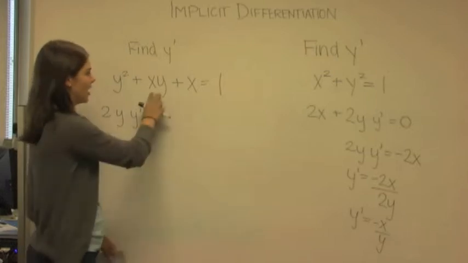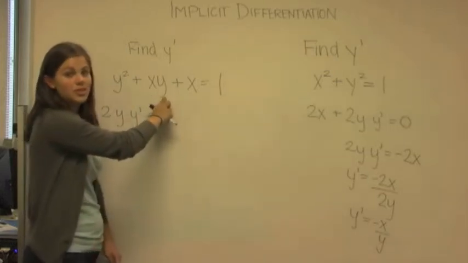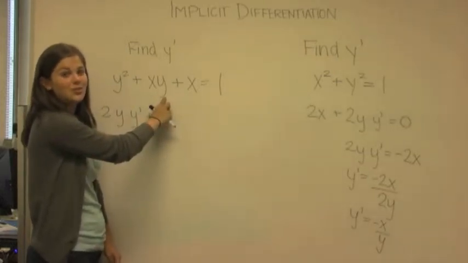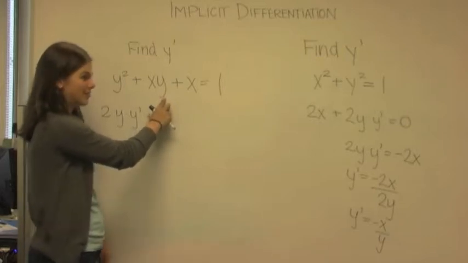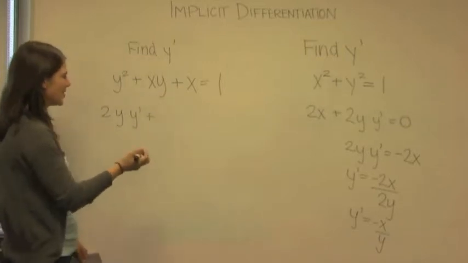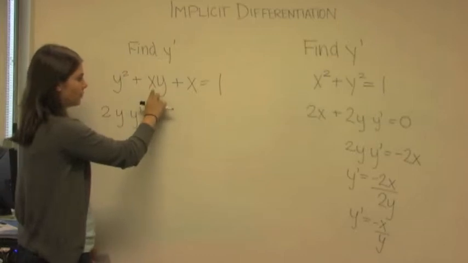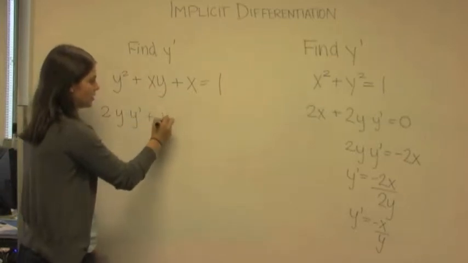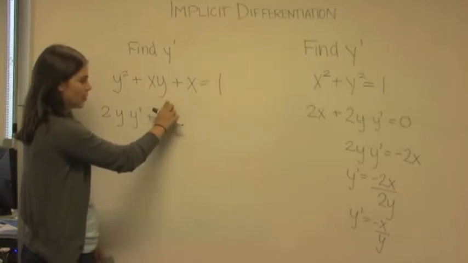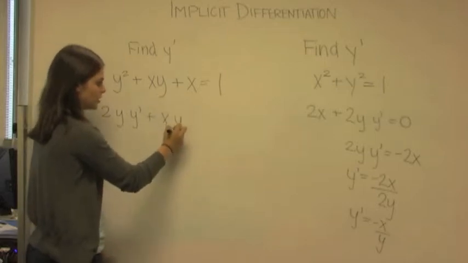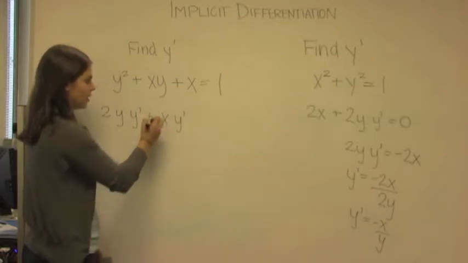Now when we get to finding the derivative of x times y, it's a little bit trickier because we have x times y, which is a function of x. So we have to use the product rule, everybody's favorite. So I'm going to take the first part, x, times the derivative of the second part, and the derivative of y is just y prime.